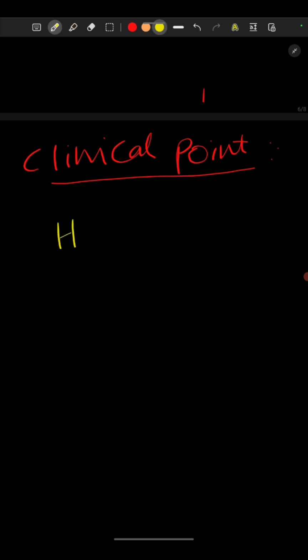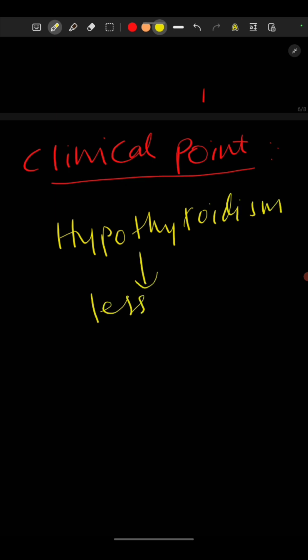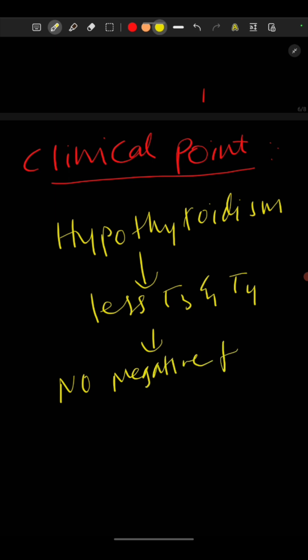Clinical point: in case of hypothyroidism, there is less T3 and T4, so no negative feedback on the pituitary.